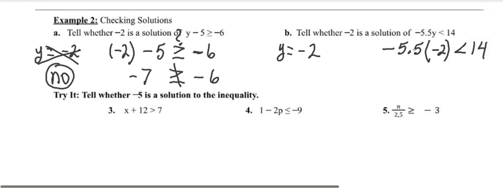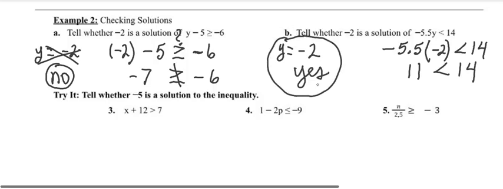Now if you multiply negative 5.5 times negative 2, we would get positive 11, because a negative times a negative gives you a positive. So is 11 less than 14? Yes. So is this a solution?